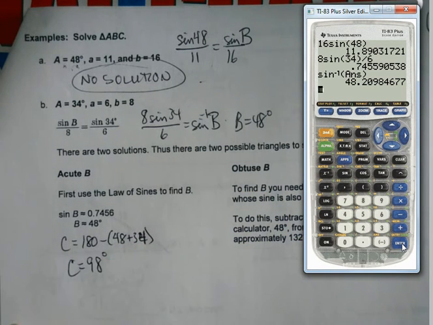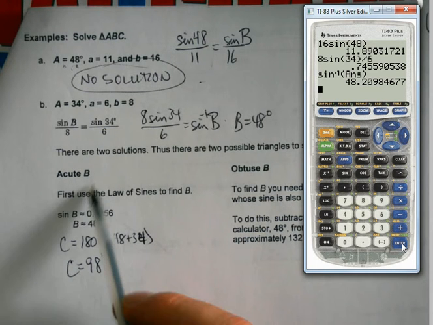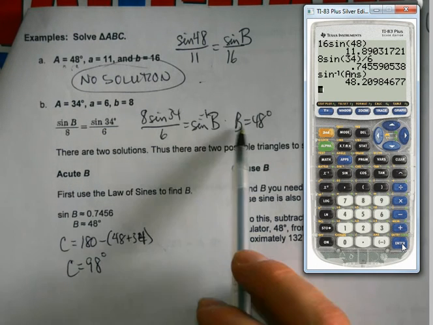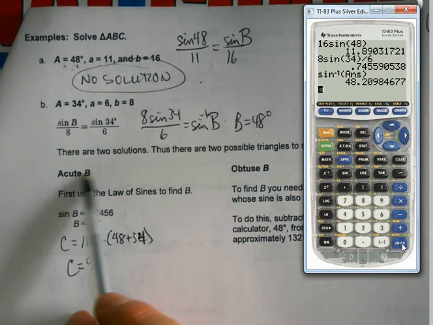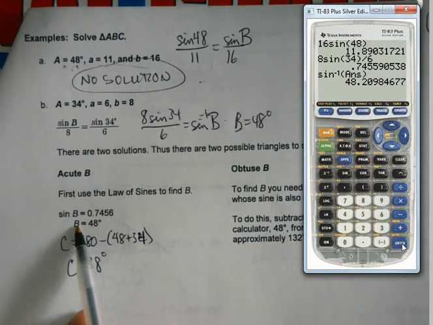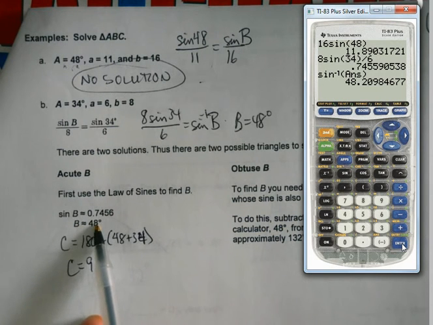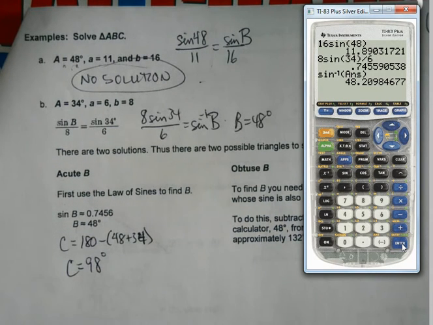So C would be 98, and I could go ahead and figure out what side c was. So what's the deal here? Well, here's my problem this time. With my B, I found out it's acute. It's going to have a 48-degree angle. I get my C. I do my business.